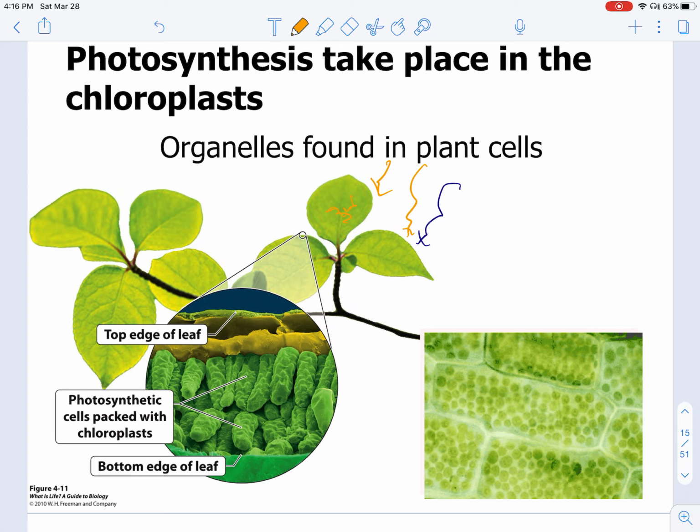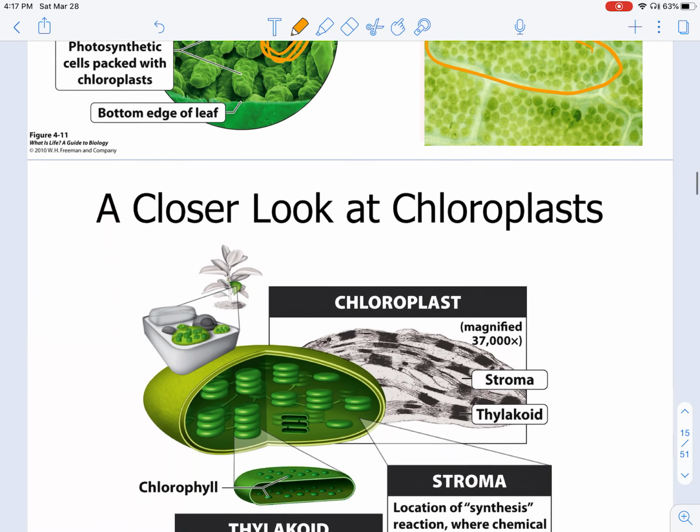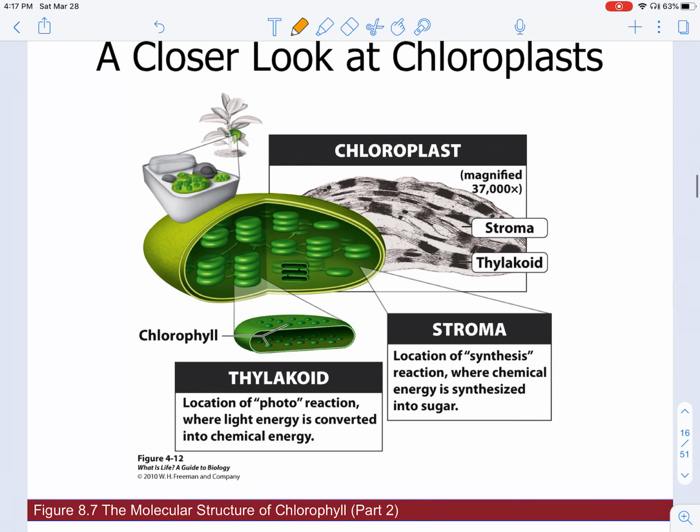The way it happens is that they have organelles called chloroplasts. They should have done this a couple of chapters ago. These chloroplasts are packed with a chemical called chlorophyll that allows for these electrons to become activated. And so this is the chloroplast here. These are organelles within the cell.